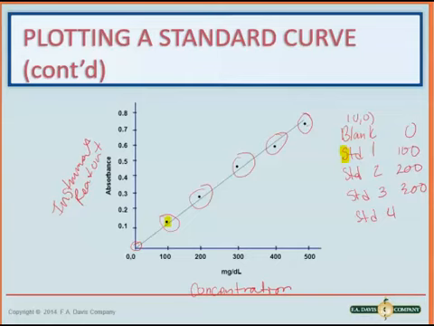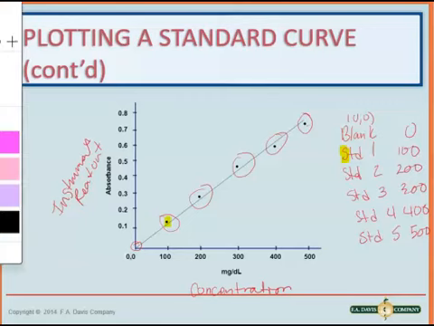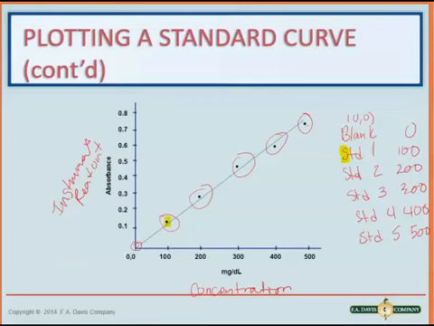Standard 4 is going to be at 400. And our standard 5 is going to be at 500. So now that we have all of our standards ran on our instrumentation and readouts for each of our standards, we have established our standard curve, which is the whole line.